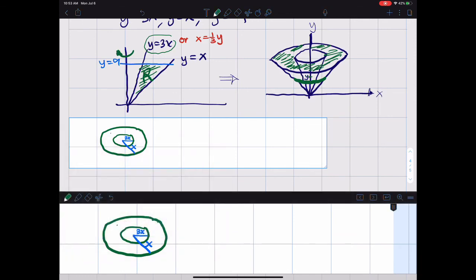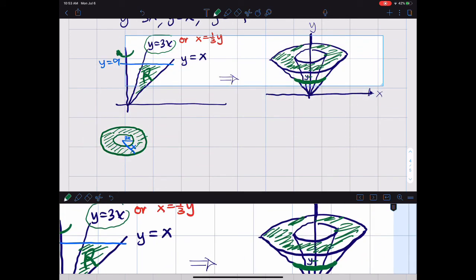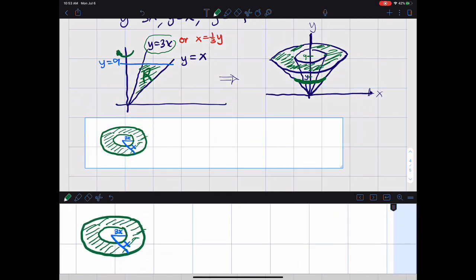And then you find its area. But now, think about this. We want to integrate along the y-axis from 0 to 9. So it's better to think of our stuff in terms of y. So I'm going to erase this. I'm going to write what it should be in terms of y.